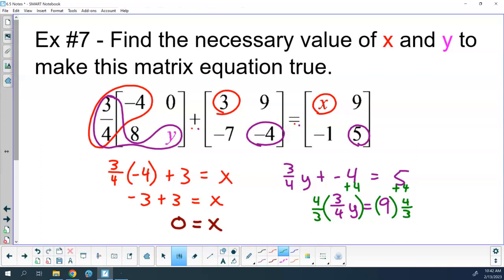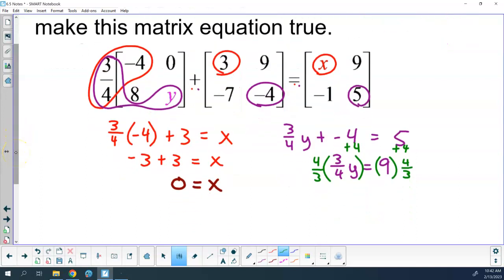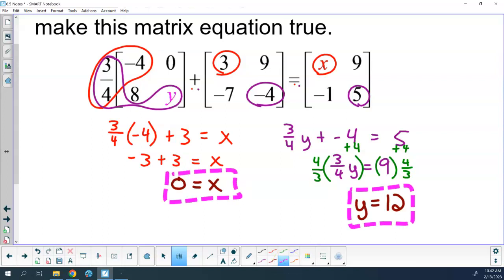Four thirds times 3/4 is 1. 9 times 4/3 is 12. So I get y here is equal to 12. Agree? 9 divided by 3 is 3 times 4 is 12. Okay?